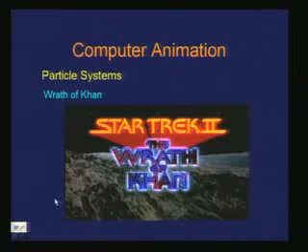Right, so this was all done using a particle system, and this was done by then Lucasfilm, nowadays called ILM, Industrial Light and Magic. It's actually a company which does lots of special effects.